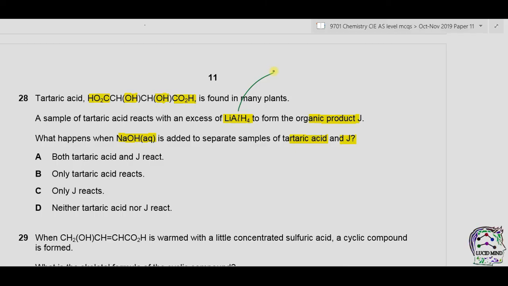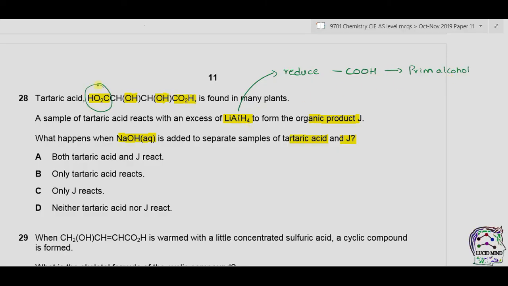Now you should know that lithium aluminum hydride is a powerful reducing agent, so it will be able to reduce carboxylic acid back into primary alcohols, while primary alcohol is not affected by lithium aluminum hydride.